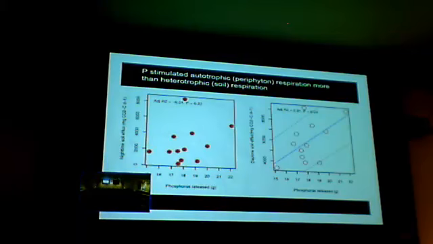What that suggests is that the phosphorus taken up into the pore water, taken up into the plant tissue that Shelby measured in the mangroves, not taken up into some aspects of the bulk soil and roots, but phosphorus taken up by periphyton stimulated autotrophic respiration. We get this higher respiration in the day with P, but not really an effect on heterotrophic respiration. So we've got these differential pathways of stimulation of carbon loss.